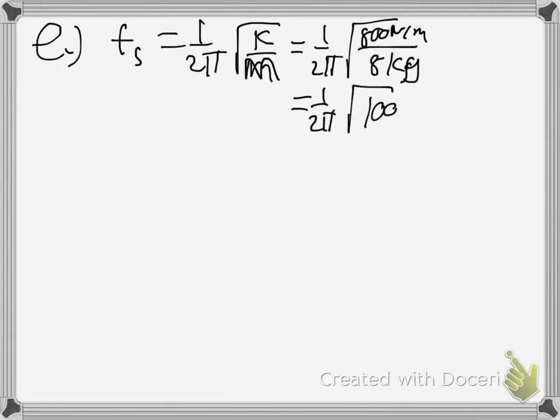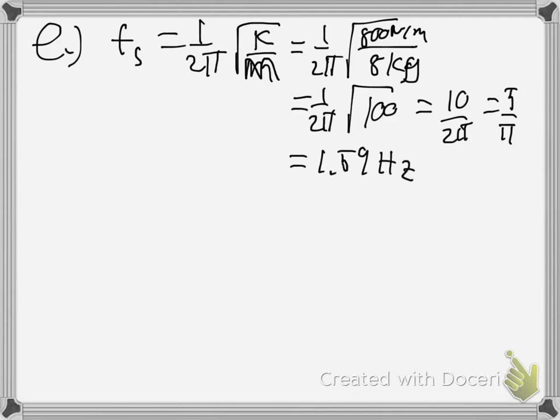Square root of 100, which you should all know to be 10. So then you have 10 over 2 pi, or 5 over pi. That simplifies a ton. That right there will reduce the error of you making a mistake in the calculator. And that comes out to be 1.59 hertz. That's what I got. 1.59 hertz.